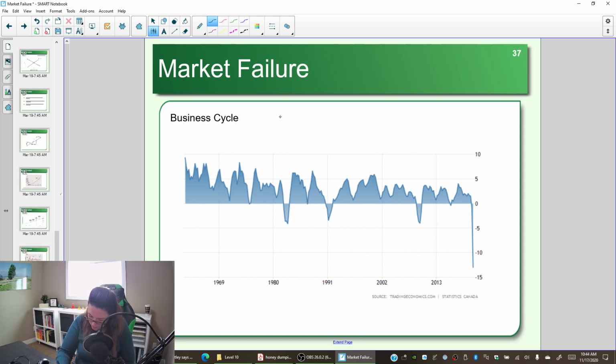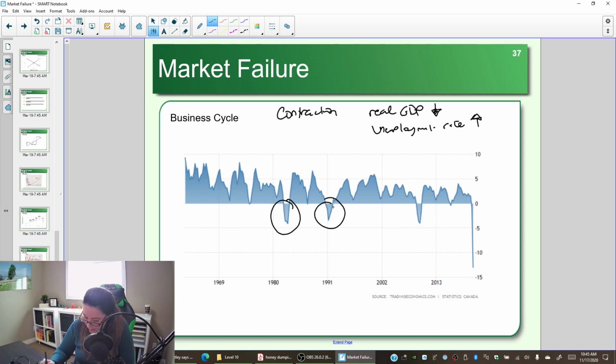During this contraction, real GDP, the amount we're producing, is going down. The unemployment rate is going up. We can see some of these contractionary periods. We have them about every 7 to 11 years. So you see one in the 80s, the 90s.